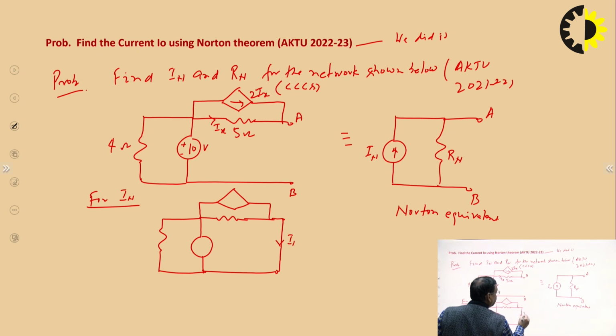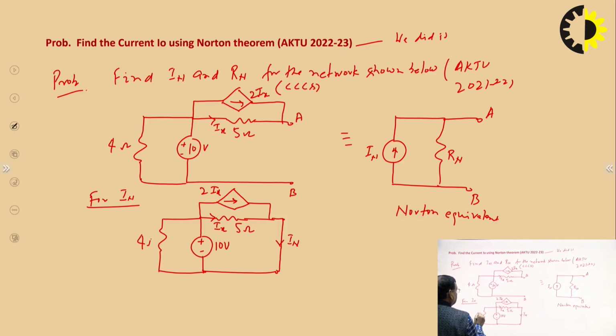This is your IN, this is your 5 ohm, this is IX, this is twice IX, plus minus 10 volt.